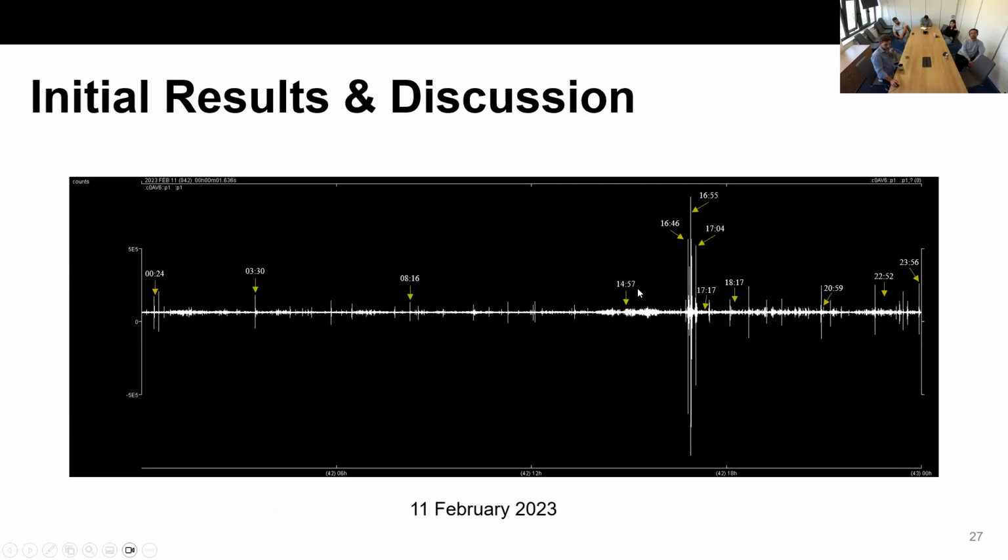And here are some results of the detection algorithm. Here you can see the signal logged by the data cube that I just showed. This is random data that I picked, from 11th February. As you can see, the system is being triggered quite well during the course of the deployment.